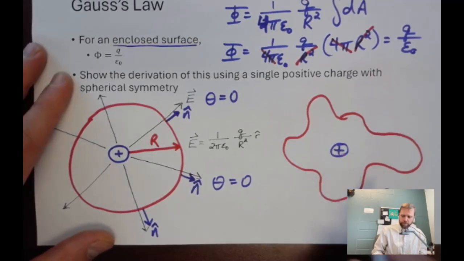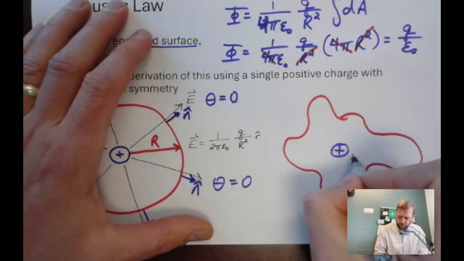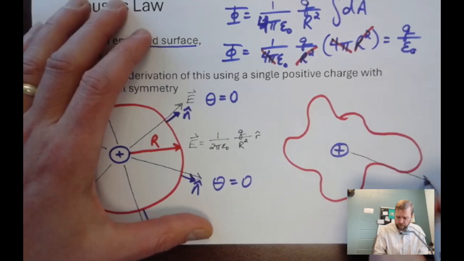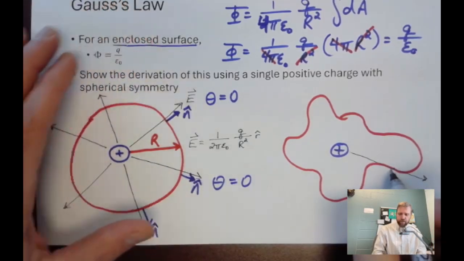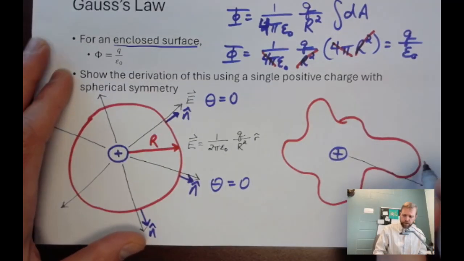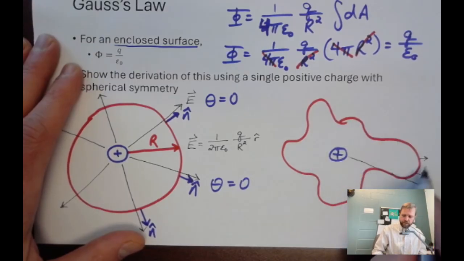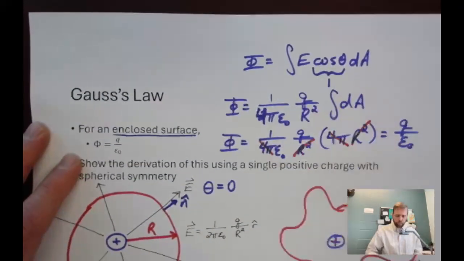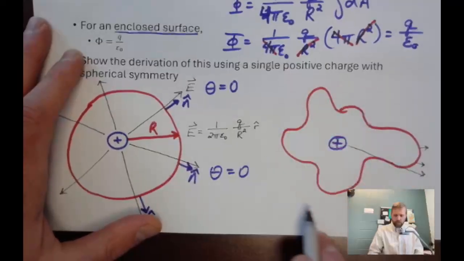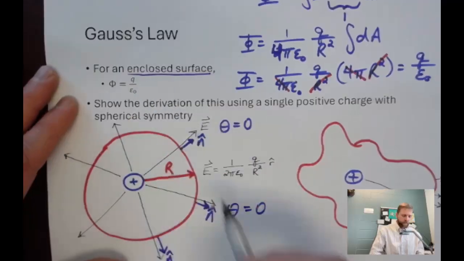You can even imagine that this area right here, where this is my electric field line, doesn't really count for anything because it's all parallel, and then you've got this other surface that counts more or less, and so on. So even though the surface area is greater, when you do the dot product, if you were to work through the awful math, you would wind up with the same answer.